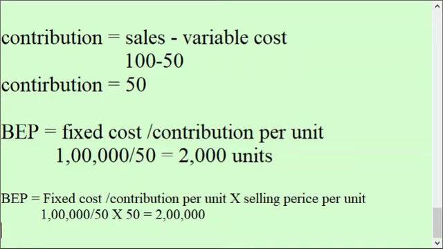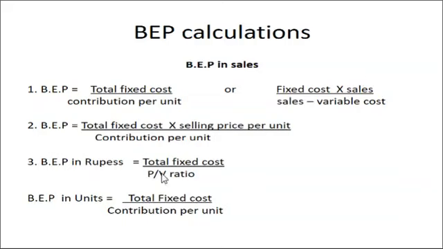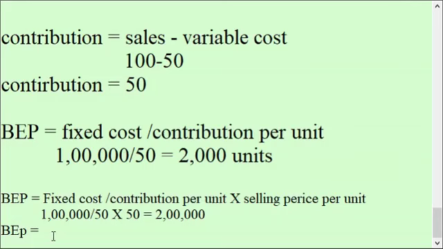Or we can apply BEP is equal to, what is the one more formula I said to you? Fixed cost divided by PV ratio. Any one formula we can apply.